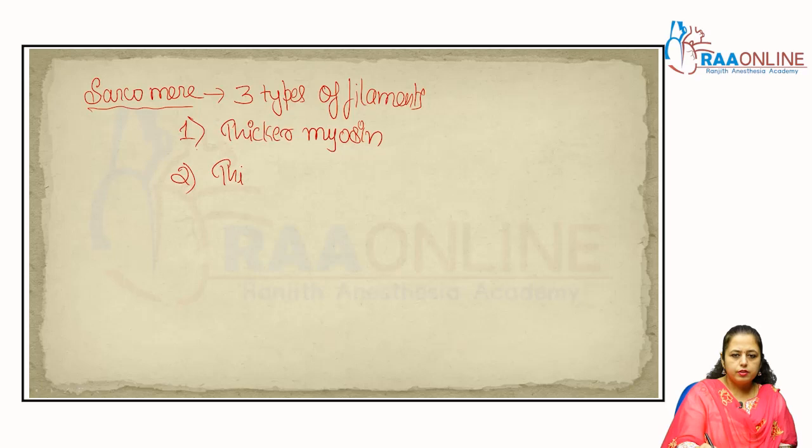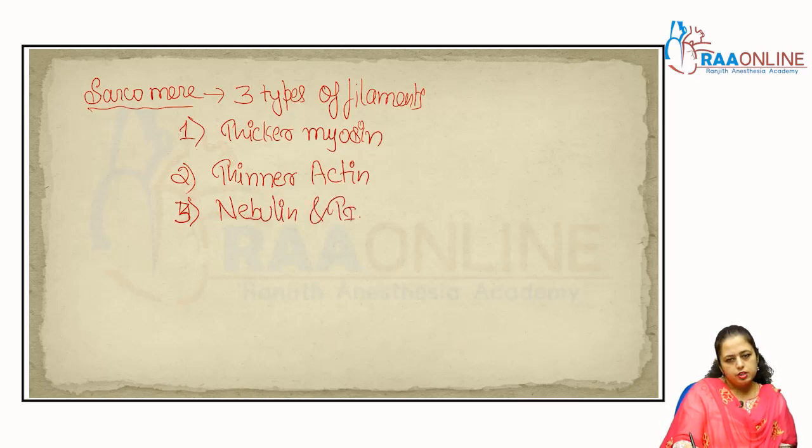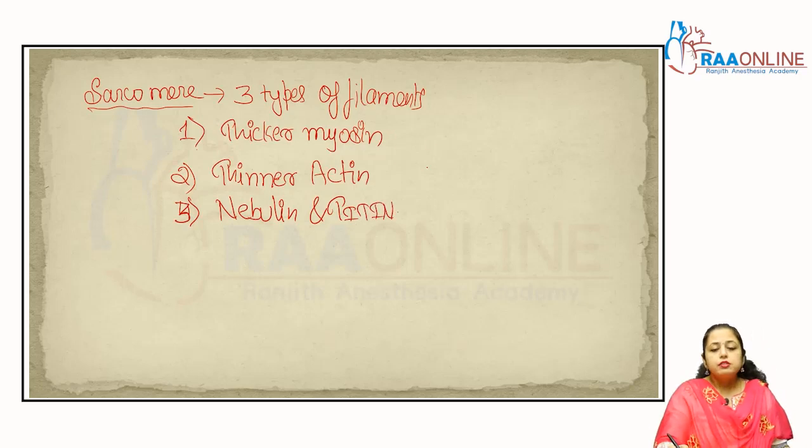Second is the thinner actin, and the third is nebulin and titin, right? These three types of filaments are present in the sarcomere.